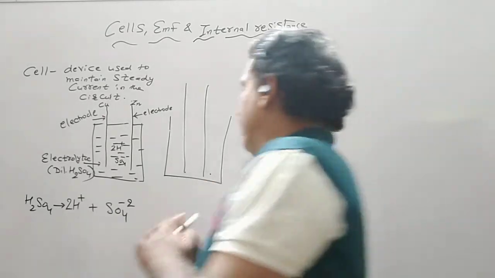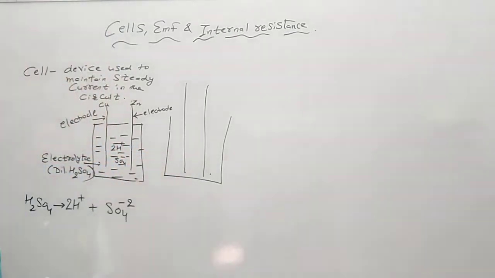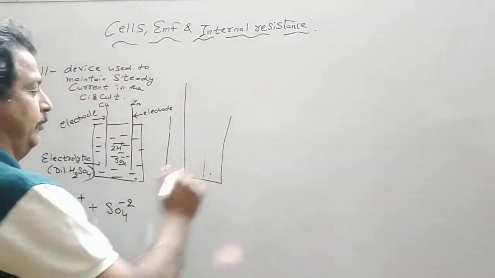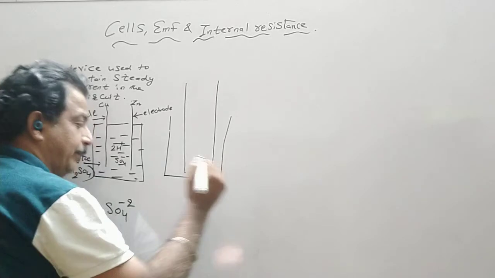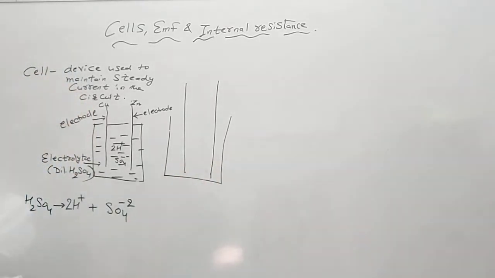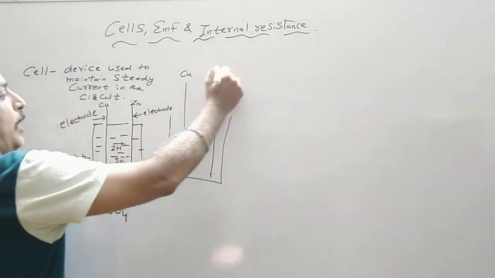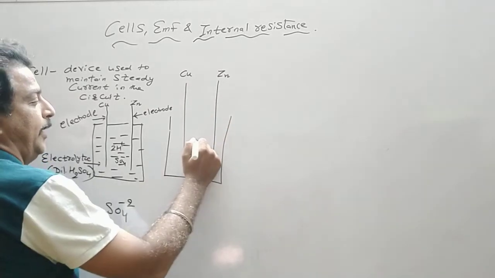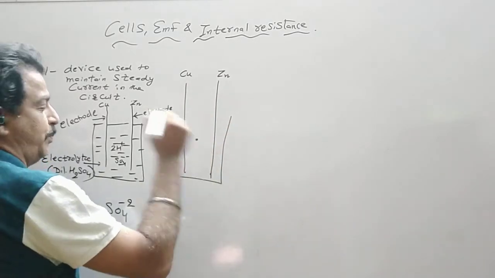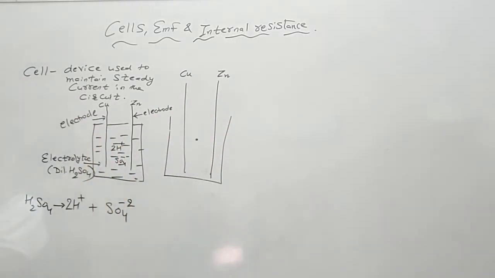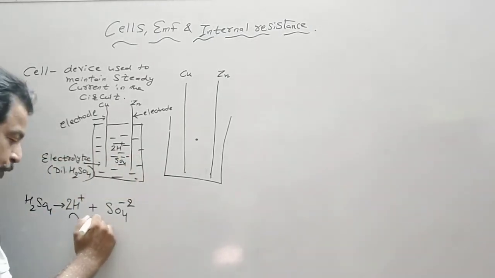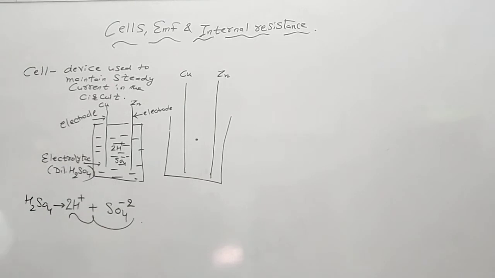Now what will happen when these two electrodes are dipped? Inside the cell, the positive ion, let us take this H plus as a positive ion, because electrolyte consists of positive ions and negative ions.